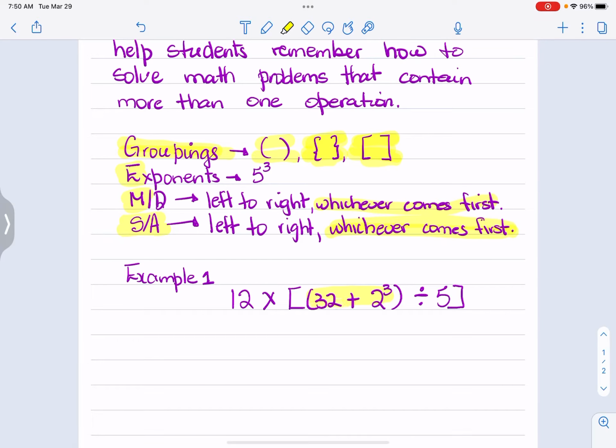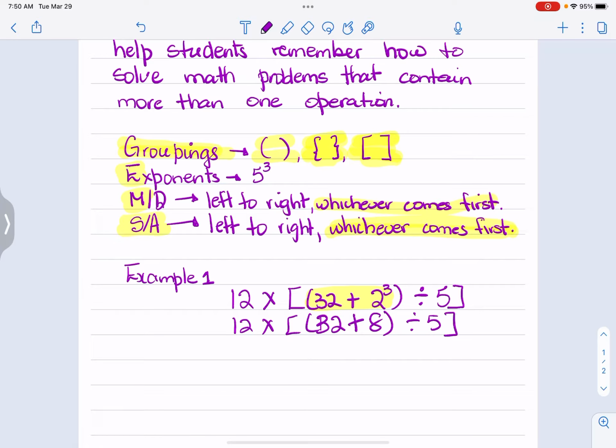So this is the innermost grouping, which is 32 plus 2 cubed. Now I have to solve 2 cubed first in order to add 32 to whatever the result is. So rewrite everything else. So 12 multiply, keep the parentheses, so keep your groupings, 32 plus 2 cubed means 2 times 2 times 2, which is 8.